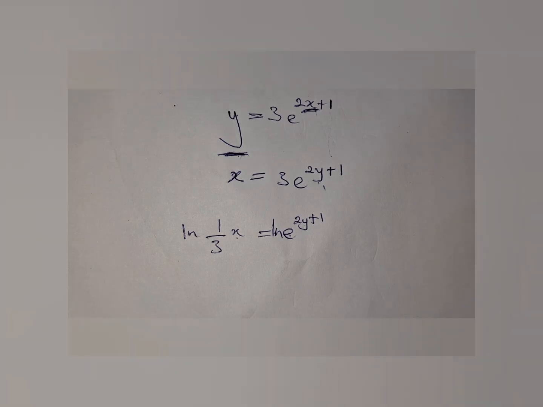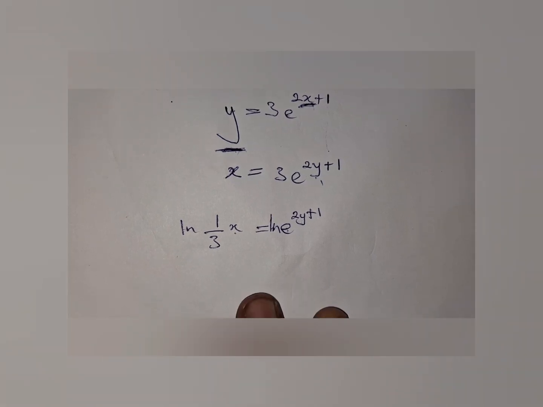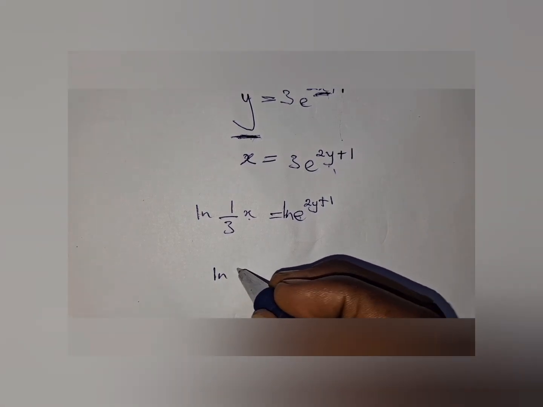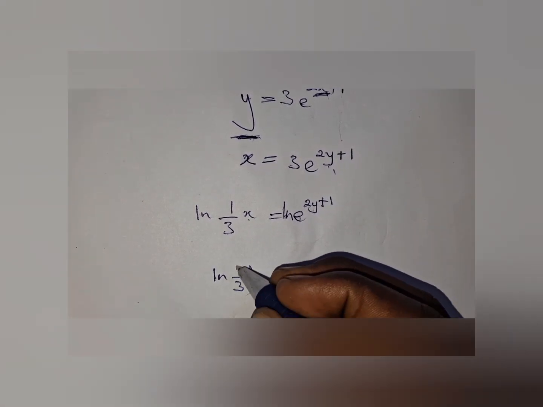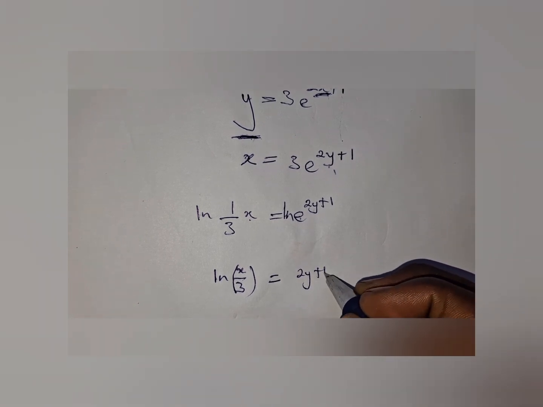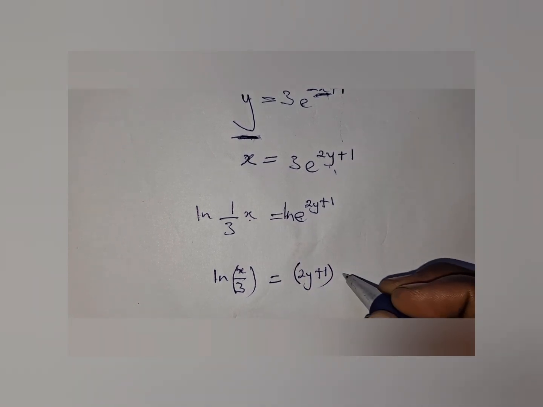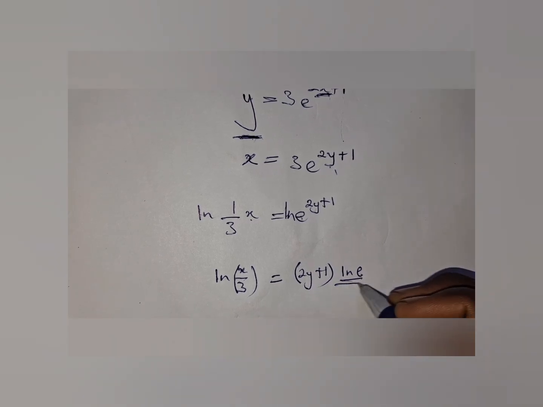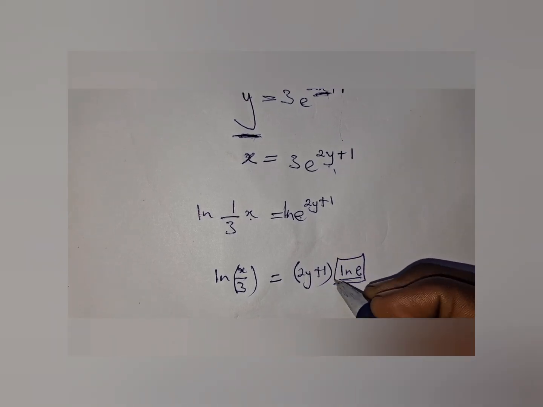So after this, what are we going to be having? We're going to be having the natural logarithm of x over 3 equal to 2y plus 1 multiplied by the natural logarithm of e. And we know that the natural logarithm of e is 1.